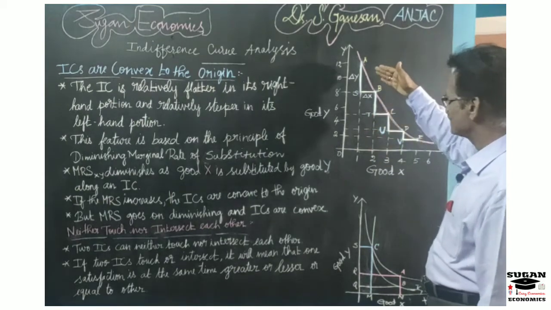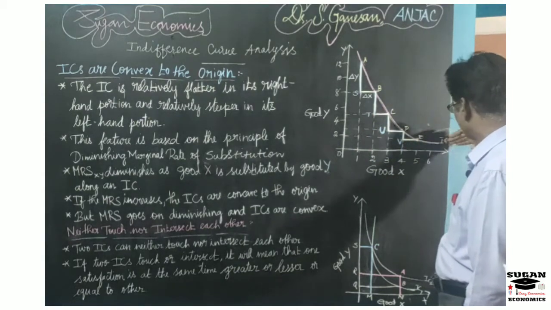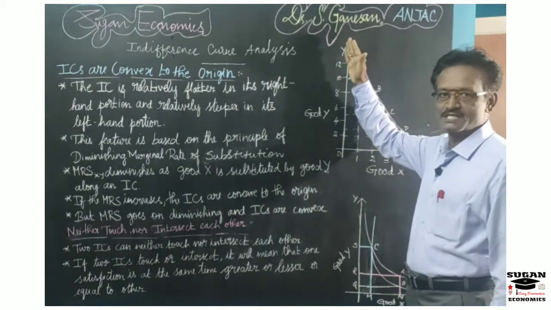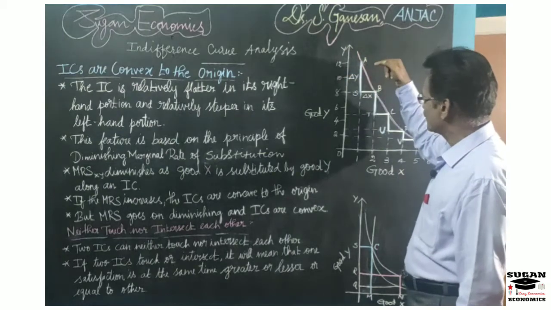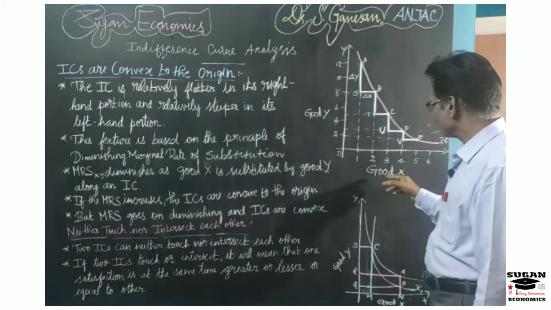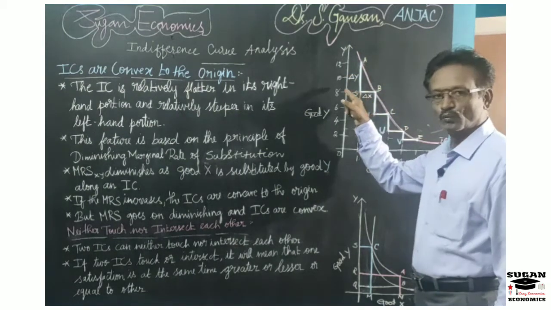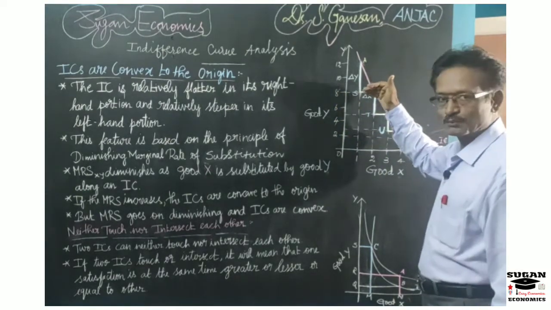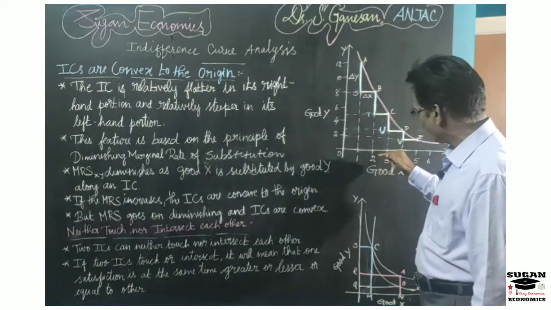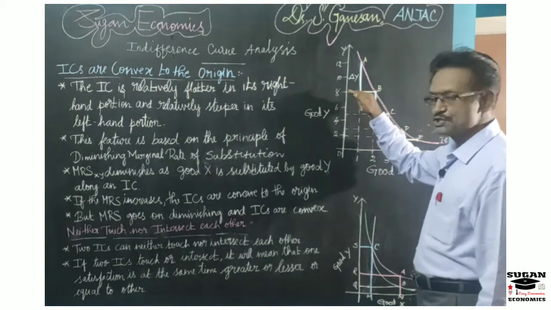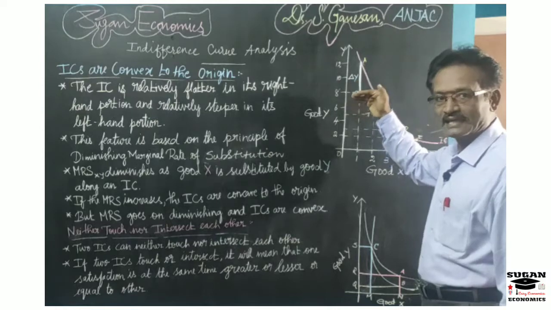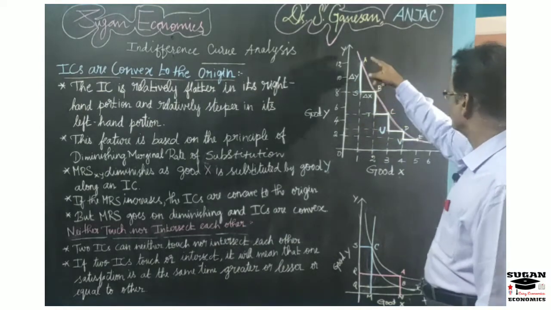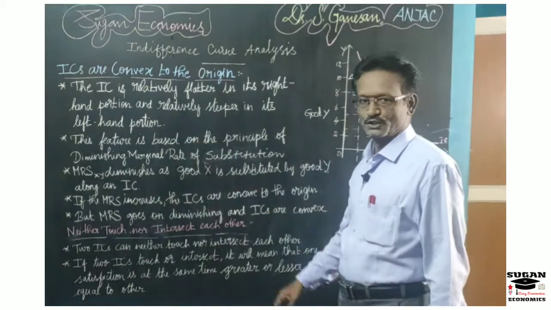So here the indifference curve is relatively flatter on the right hand side and relatively steeper on the left hand side. It means when a consumer is substituting good X for good Y, the marginal rate of substitution is such that for getting one additional unit of X, the consumer is giving lesser and lesser amount of good Y. So it is because of the diminishing marginal rate of substitution.